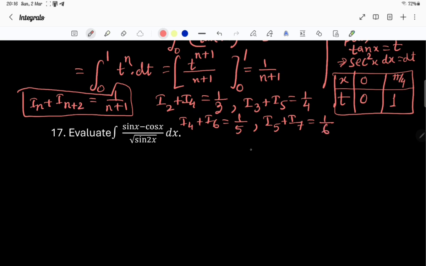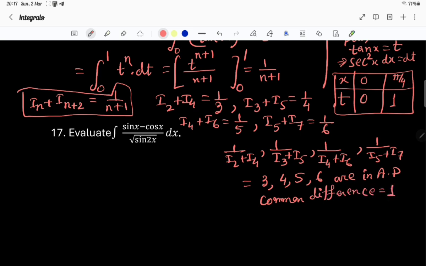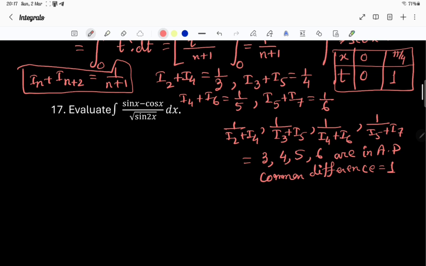So 1 by I2 plus I4, 1 by I3 plus I5, 1 by I4 plus I6, 1 by I5 plus I7 come as 3, 4, 5, 6. See, 3, 4, 5, 6 are in AP, and the common difference is 1. It is the increasing function.